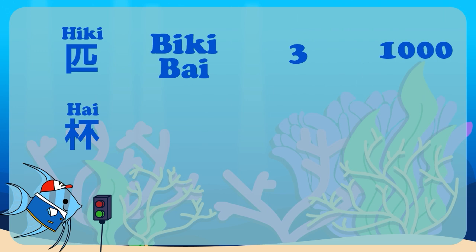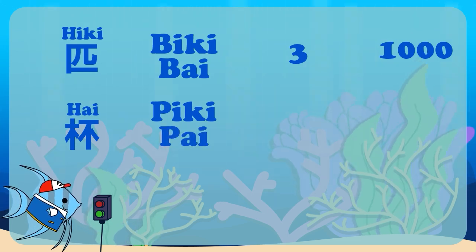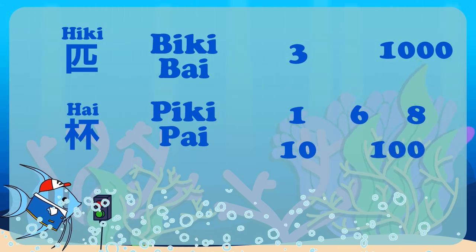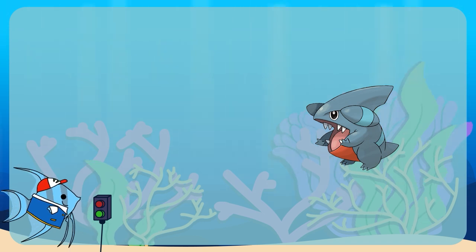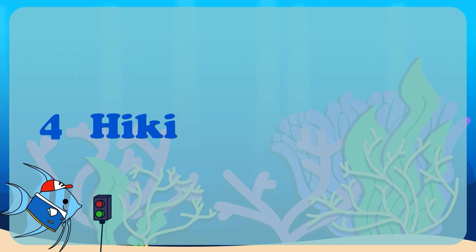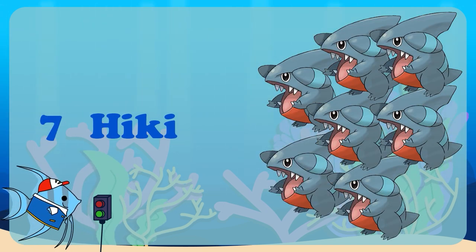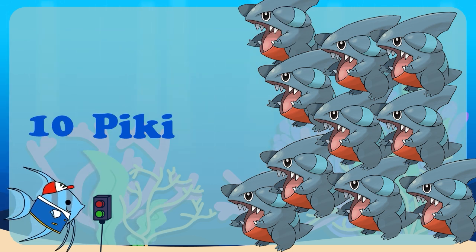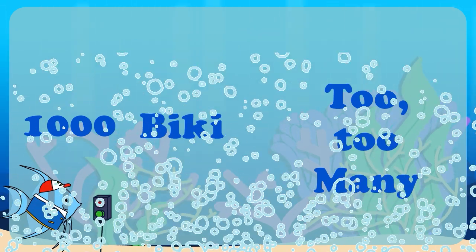And 匹 changes to ぴき and 杯 becomes ぱい for 1, 6, 8, 10, and 100. Let me count Gibbles to you to give you an idea. 1匹、2匹、3匹、4匹、5匹、6匹、7匹、8匹、9匹、10匹、100匹、and 1000匹. I hope you understood.